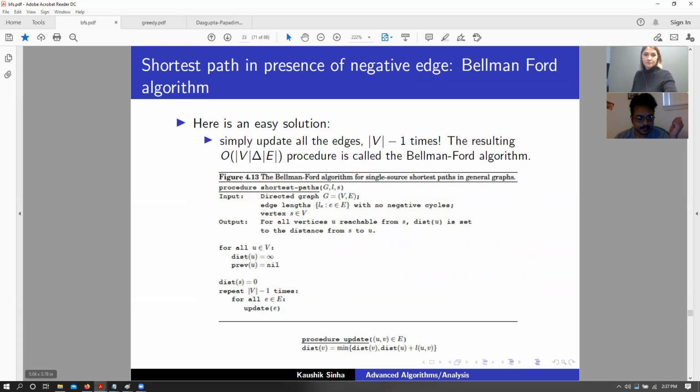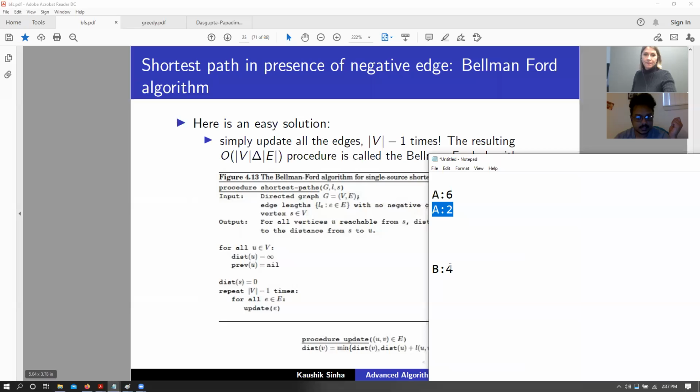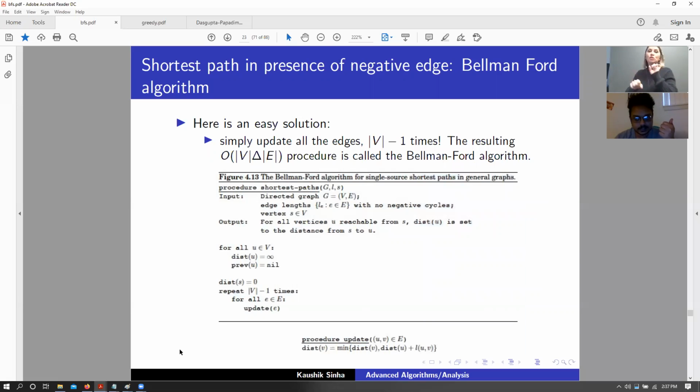Does everyone understand that in order for us to work with negative edges, we need to be able to update vertices that we have already visited before? Because we can find a vertex or a path connecting to this vertex that has a negative edge and can actually reduce the distance that we have already seen.